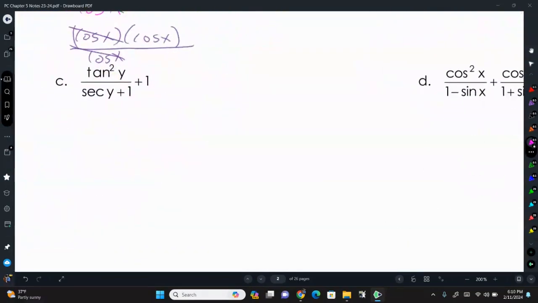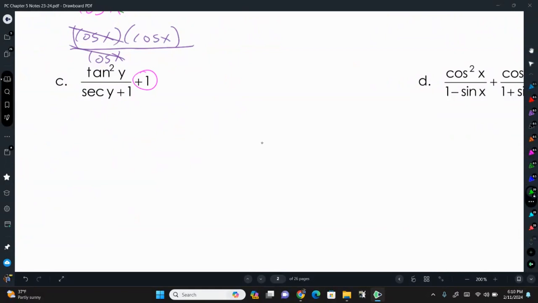All right, now letter C gets a little bit difficult because we have tangent squared y over secant y plus 1, and then we have a plus 1 outside of that fraction. So the first thing we're going to do is see if we can work with the first fraction, because this plus 1 hanging out here doesn't affect anything in the fraction.